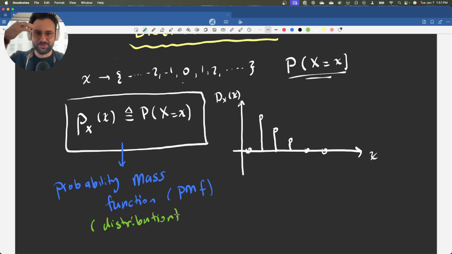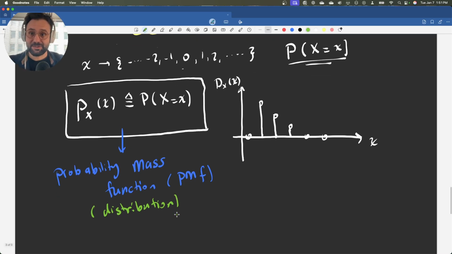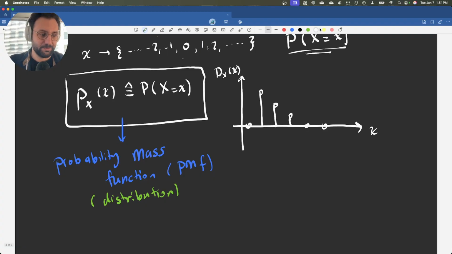Throughout the course, we will keep referring to this as the distribution. So it's the distribution of probabilities among all the possible values. There are some axioms associated with the probability mass functions, following the probability axioms. First of all, no probability can be negative, and nothing can be more certain than 100%. So we know that P of x will always have to be less than or equal to 1 and greater than or equal to 0.